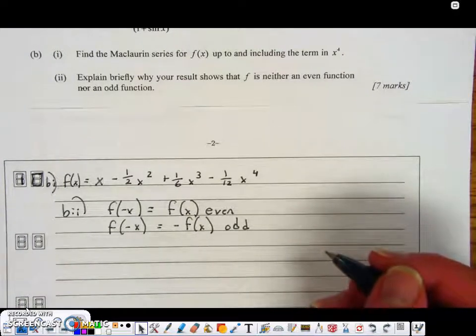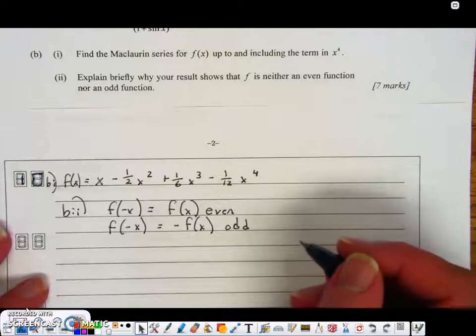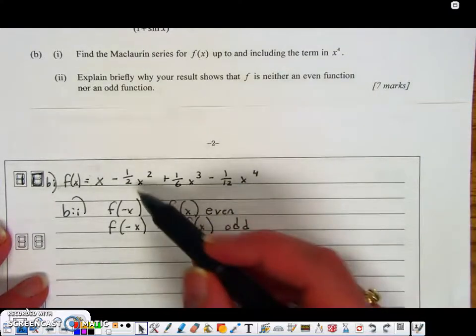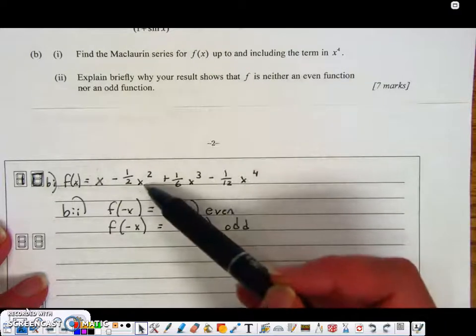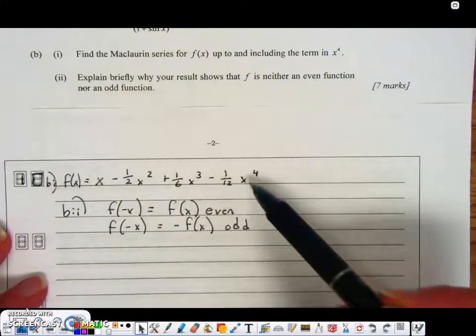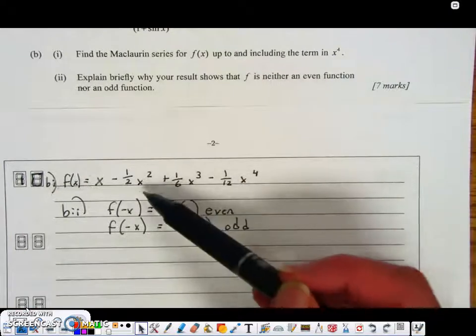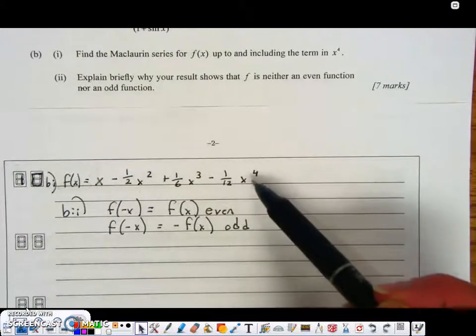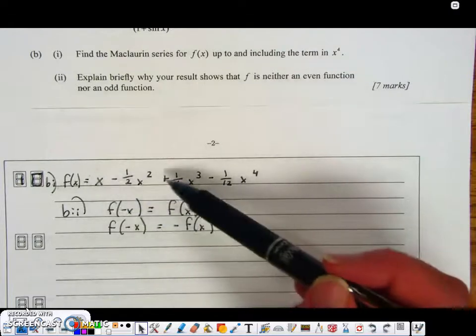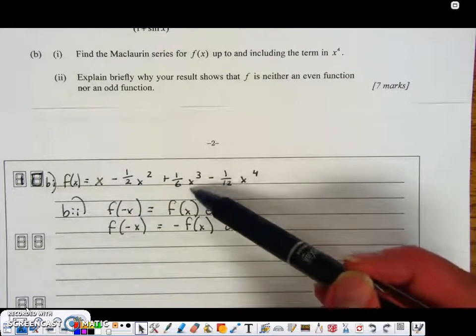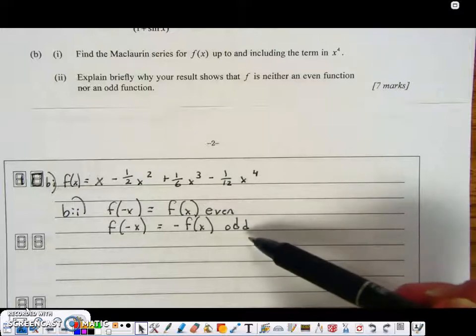You're explaining why it's neither even nor odd, and that's because you don't have all even or all odd. All the even ones, if you plug in negative x, turn into positive. So if every single term was even, it would come out to be an even function. And if all of these were raised to odd powers, when you put in negative x, you'd get the opposite of what you started with, and it would be an odd function. But because you have a mixture, that's the reason why it's neither odd nor even.